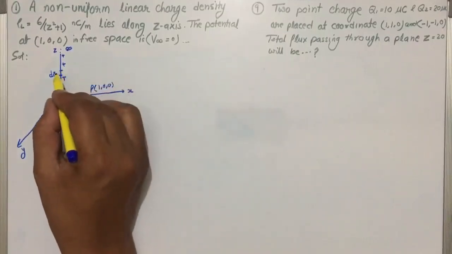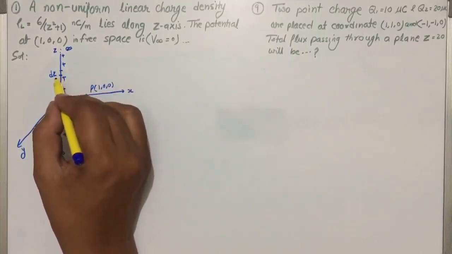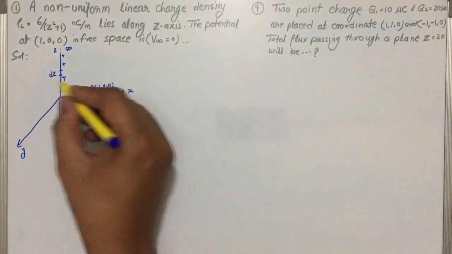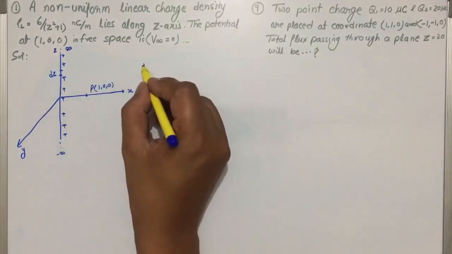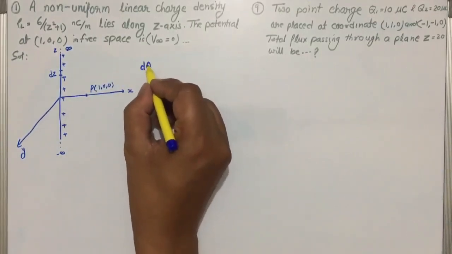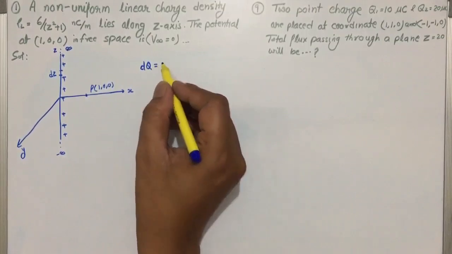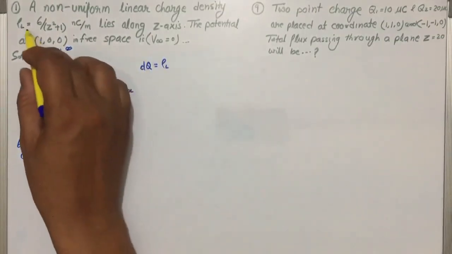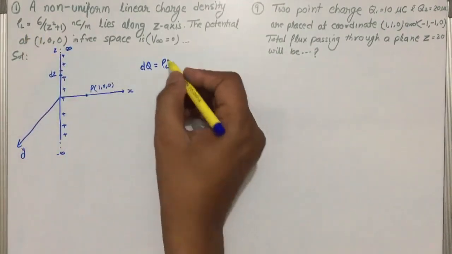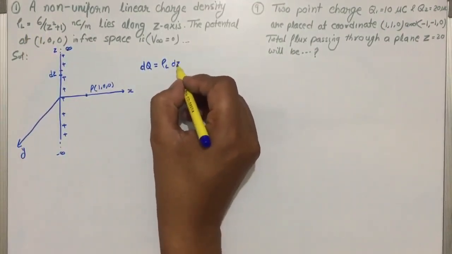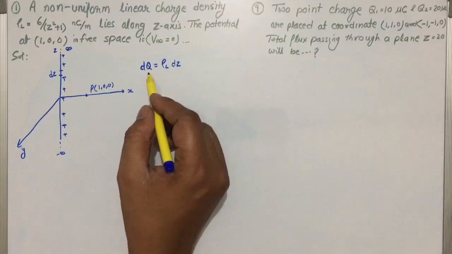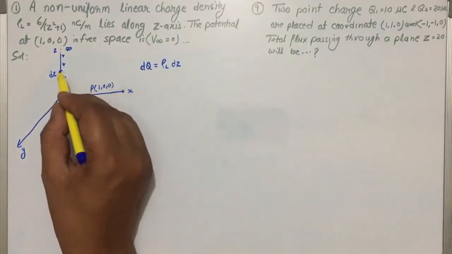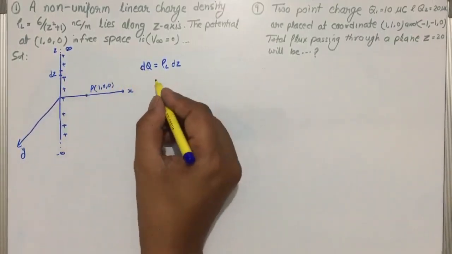First we consider an element dz. The charge in it will be dq, and dq will be rho L, the charge density, times dz. This is the charge of this element.